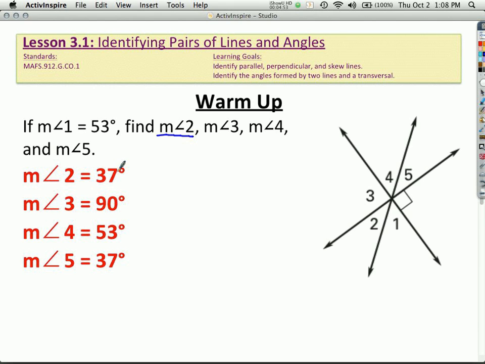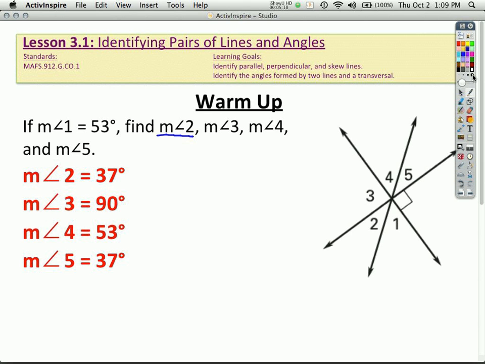Okay, but you said a whole bunch of other stuff beyond the angle addition postulate. Let's focus on the angle addition postulate. What does the angle addition postulate say? Okay, that's sort of what it says. The angle addition postulate has to do with adjacent angles. So in this case, we have two adjacent angles.